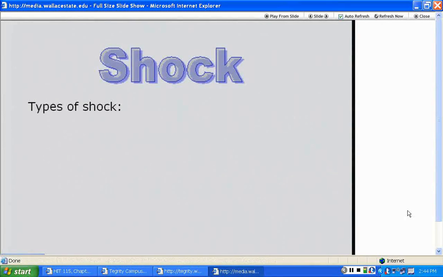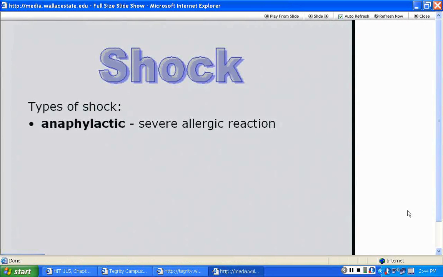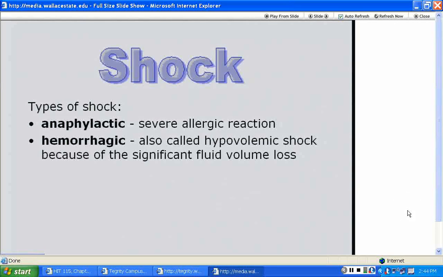I want you to know about these different types of shock. First, the anaphylactic shock, due to a severe allergic reaction. In anaphylactic shock, the person's allergic reaction is so severe that their airways begin to swell to the point that they cannot breathe. They need immediate life-saving treatment. The hemorrhagic shock, also called hypovolemic shock, the person loses so much blood or so much fluid that their cardiovascular system's collapsing.